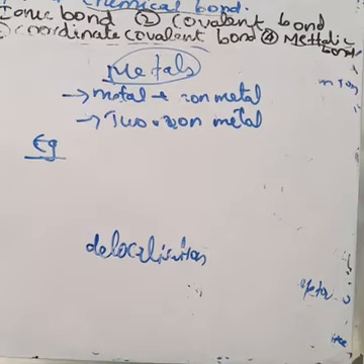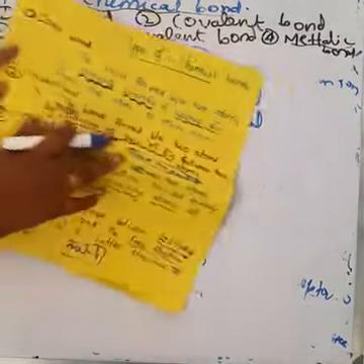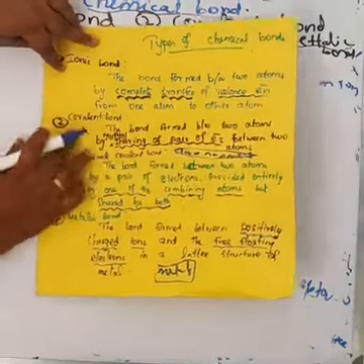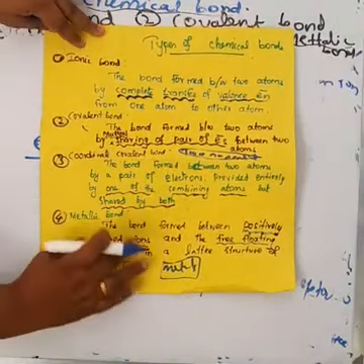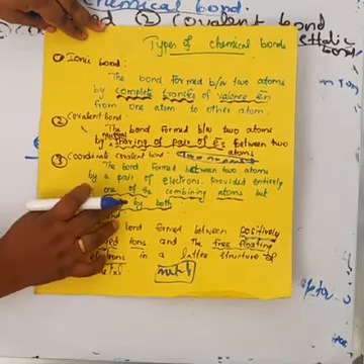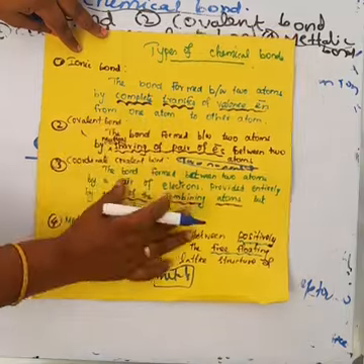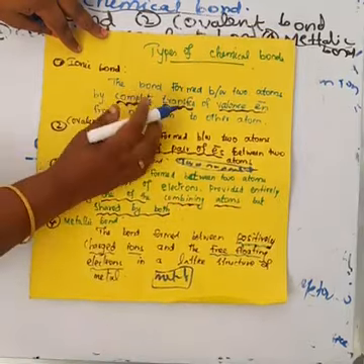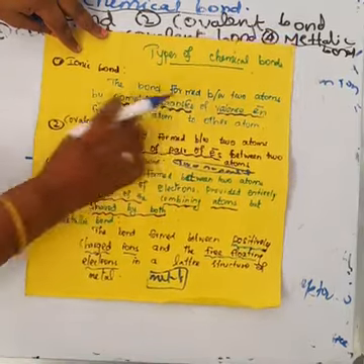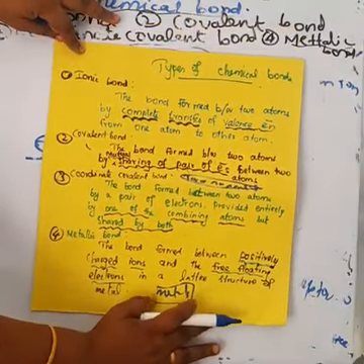What are the types of chemical bond? There are 4 types: ionic bond, covalent bond, coordinate covalent bond, and metallic bond. Ionic bond means complete transfer of valence electrons from one atom to the other atom.